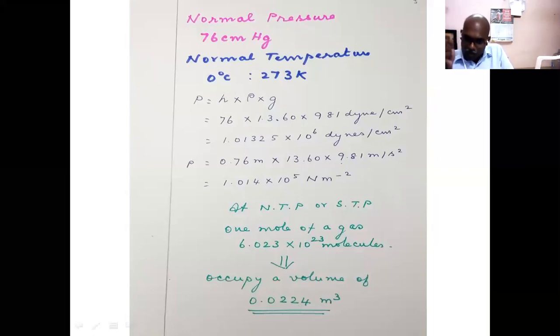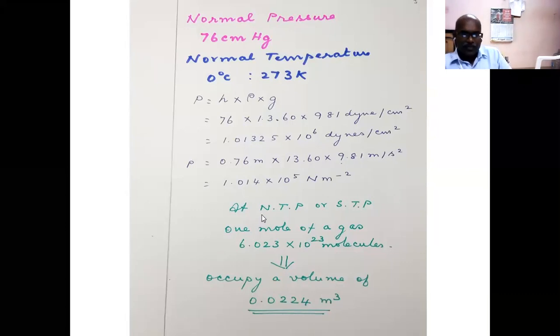If you take 1 mole of any gas and fill it in a container, at normal temperature and pressure it will fill a volume of 22.4 liter. So these are fundamental ideas you should always remember. Only with these factors you can do the calculations in gaseous state or in thermodynamics.